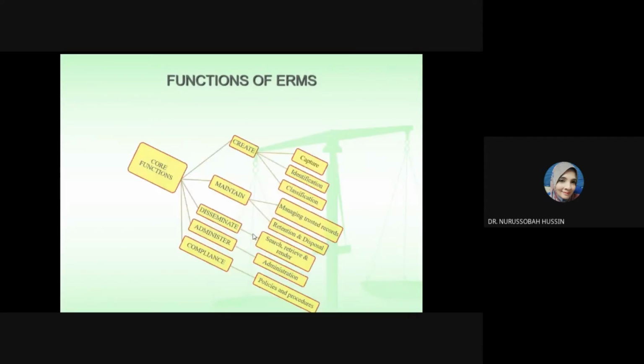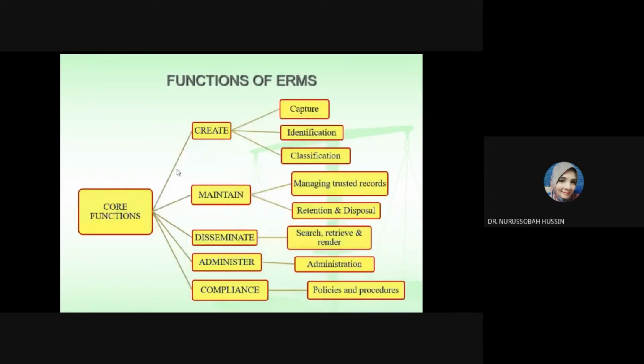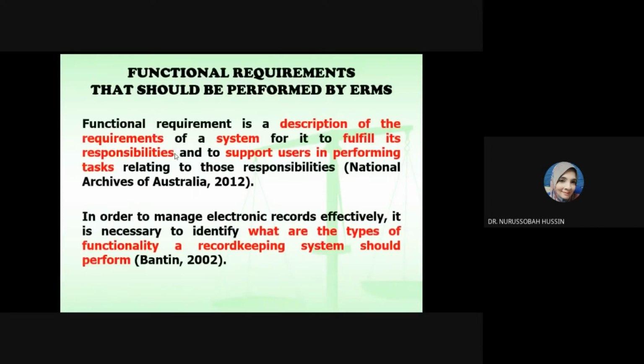Before we proceed, do you still remember what functional requirements are? Let's see the definition. A functional requirement is a description of the requirements of a system, so the instruction of the system. Our system is the electronic records management system.